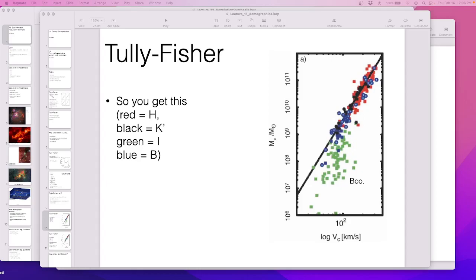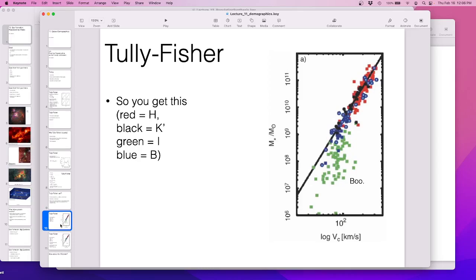The argument is that this is a demonstration that, okay, so we take the mass and the velocity for a bunch of galaxies, and we see this. And we see these green points, which don't really fit.